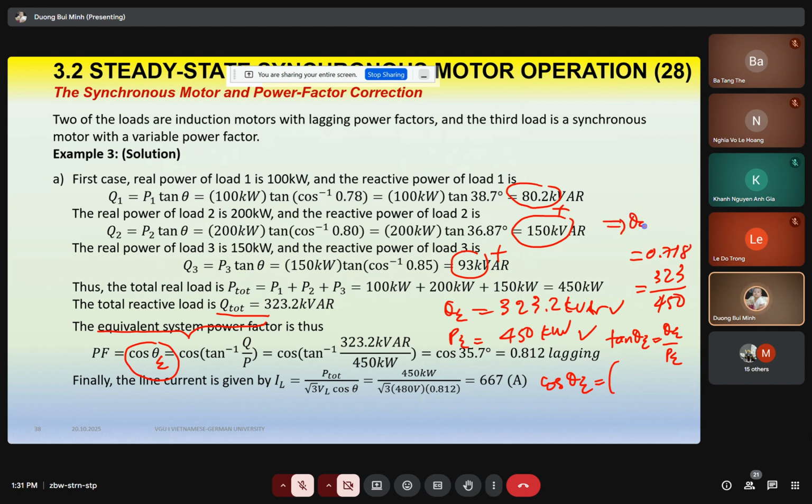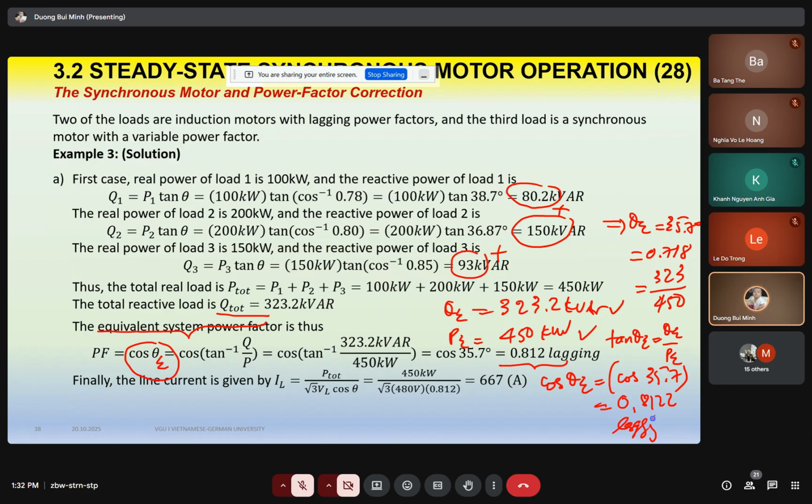So you can get theta. Theta is 35.7 degree. So you have cosine theta. That means cosine of 35.7. And then you can get the answers. So we can get the power factor is 0.8122. Yeah, this is lagging.